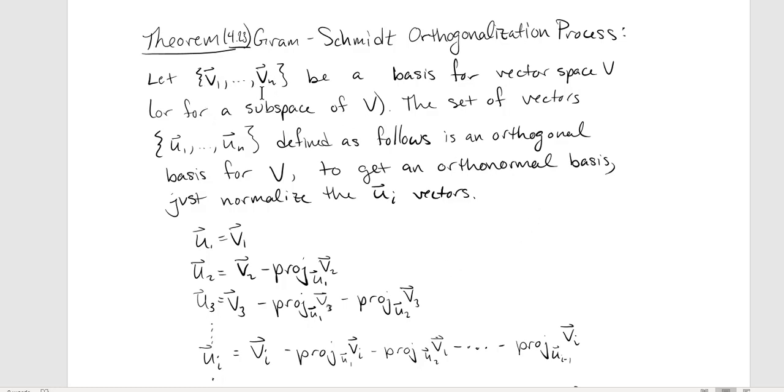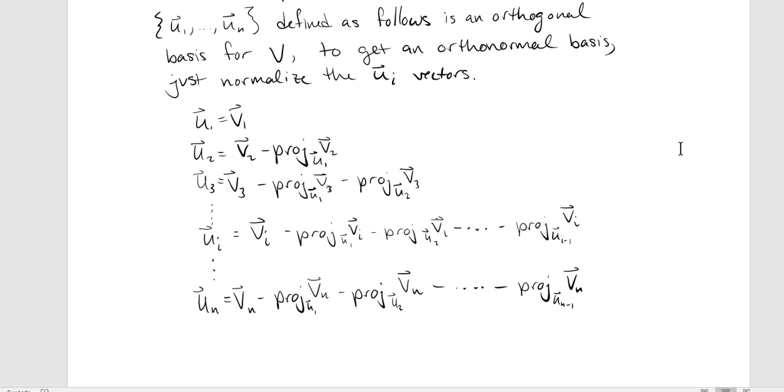Let v1 through vn be a basis for vector space v, or really for a subspace of v would be fine. Right? Subspace is a vector space. So let this set of v vectors be a basis for v. The set of vectors u1 through un, defined as follows, is an orthogonal basis for v. If you want an orthonormal basis, just normalize each of these u vectors, defined the way that we have them down here. So here's the process.